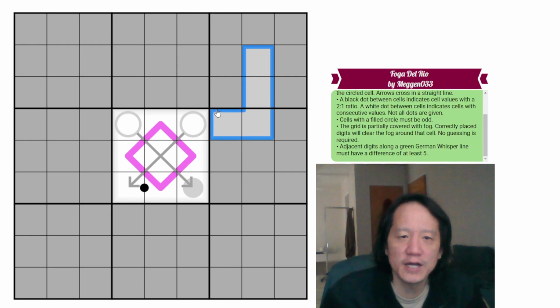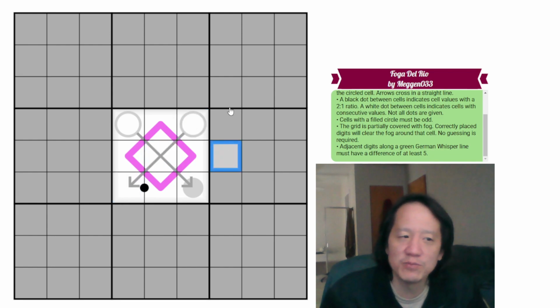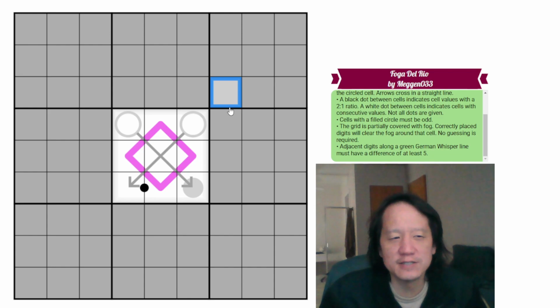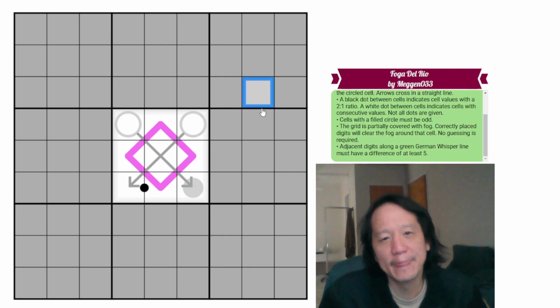And you can logic all of this out just from the clues that are given. So you don't have to randomly guess. And in fact, randomly guessing sort of defeats the purpose of Fog of War puzzles. So I'm not sure why you would want to do it. If it floats your boat, go for it, man. But it's not required in this puzzle.